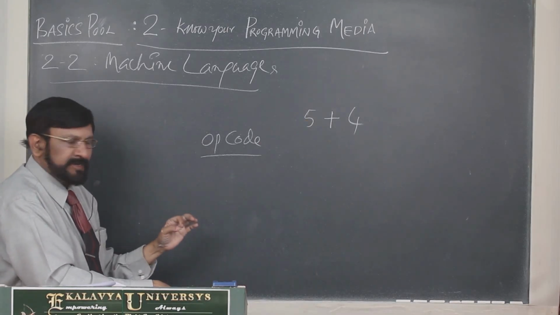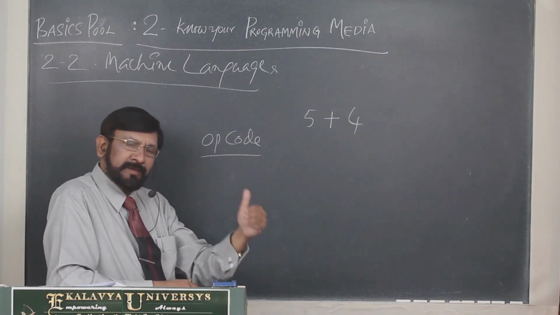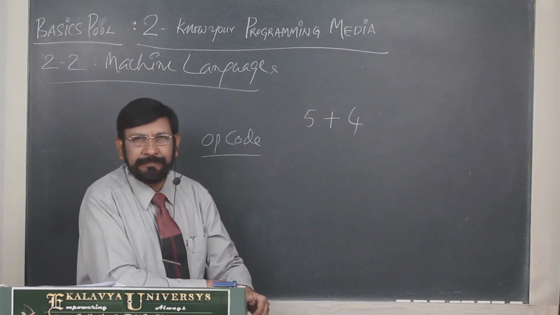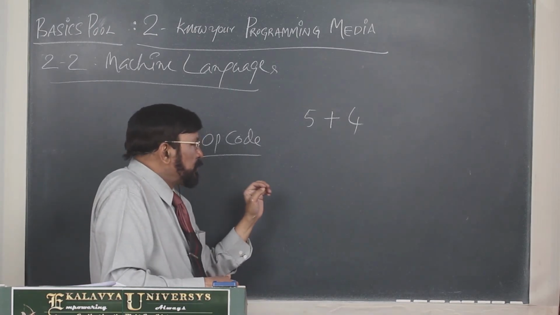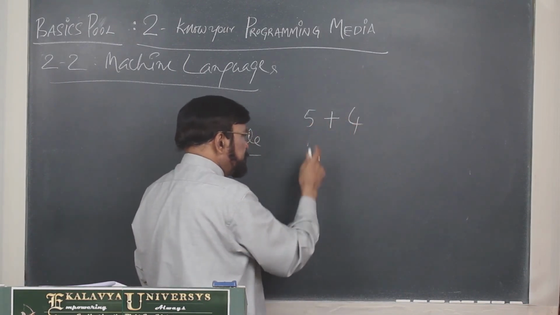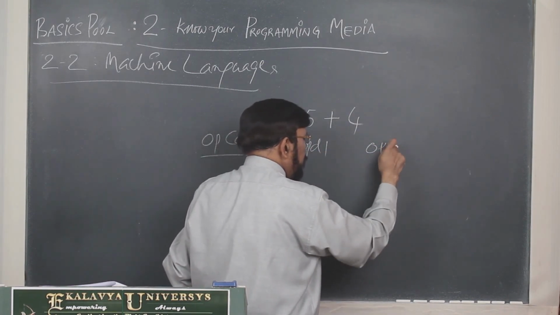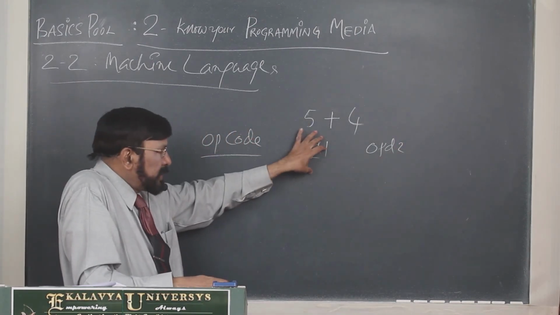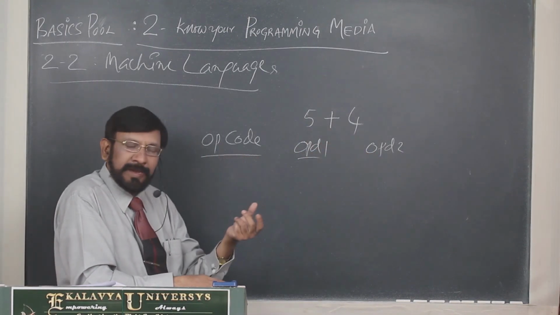For all the instructions, operation code is developed, certain bit pattern is developed by the design engineer of the microprocessor, and thereafter data is required. Actually the data is stored in the memory. Here what is provided, the addresses, suppose this is operand 1, this is operand 2. For this, addresses are provided, operand 1 address is provided and operand 2 address is provided, opcode is provided, which type of operation.